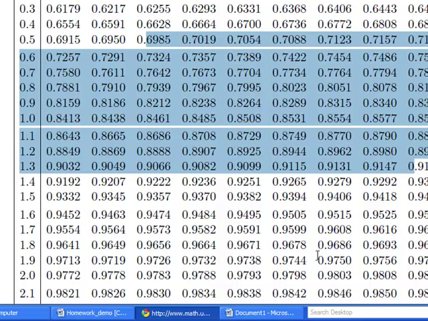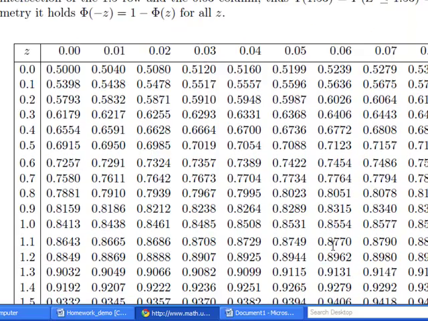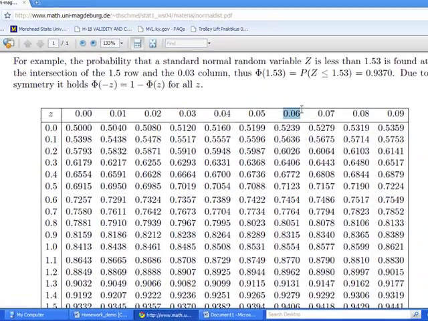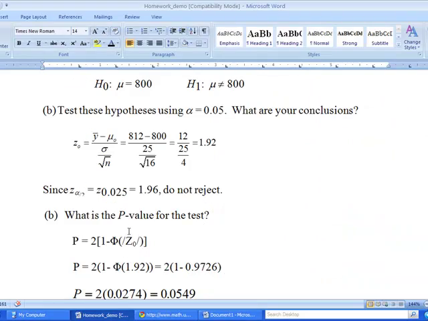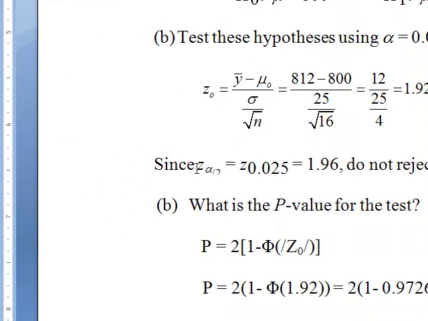So here the value 0.9750, which is phi sub z, and if you see the first column here, which has value of z 1.9, and then you need to look at the row here 0.06, 1.96, right? So z at G sub alpha by 2 is equal to 1.96.